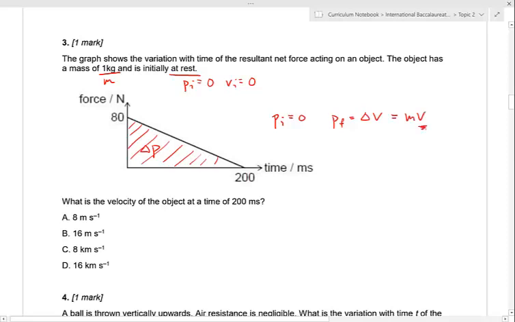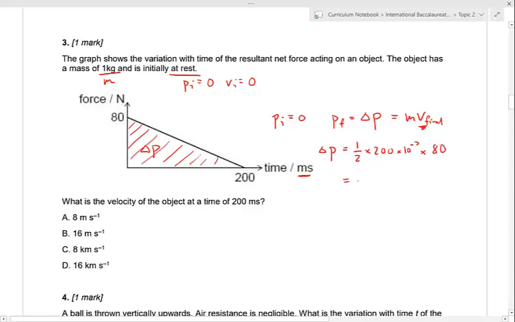So the area under the graph here is half base times height. So Pf is delta P, which is equal to m v final. Okay, so delta P is going to be the area under the graph, which is 1/2 times 200 milliseconds, which is a bit annoying, times 10 to the negative 3, times height, which is 80.